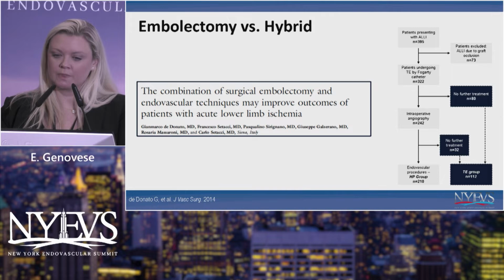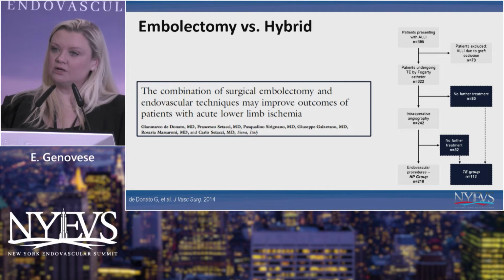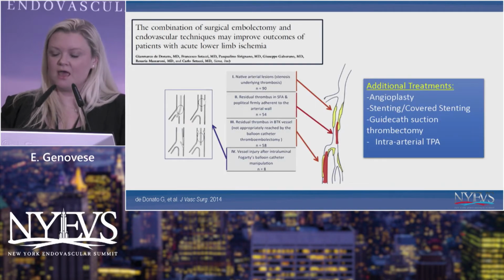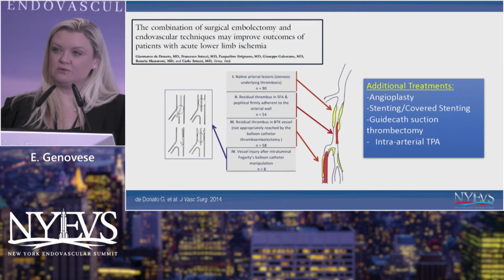There have been some studies that look at a hybrid approach: an embolectomy, and then if there's not a good outcome, moving on to an endovascular treatment. What this study demonstrated was that in over 50% of patients, once you did the embolectomy, you had to do something more.